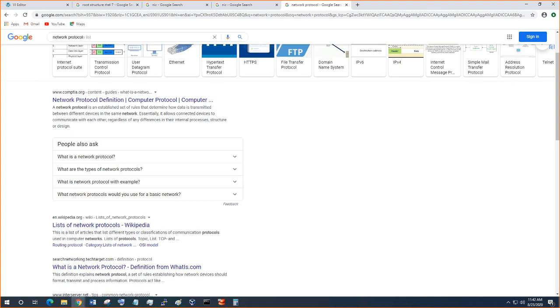A network protocol establishes a set of rules that determine how data is transmitted. Okay, I like this.